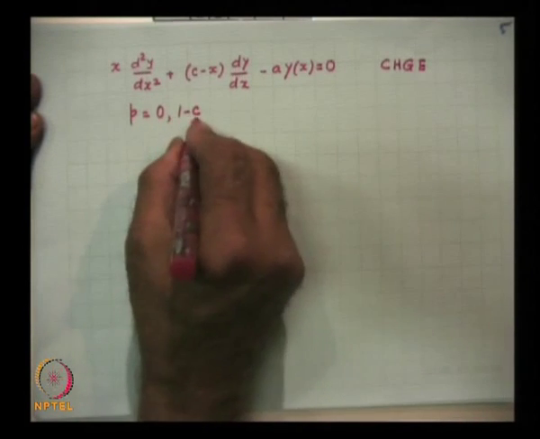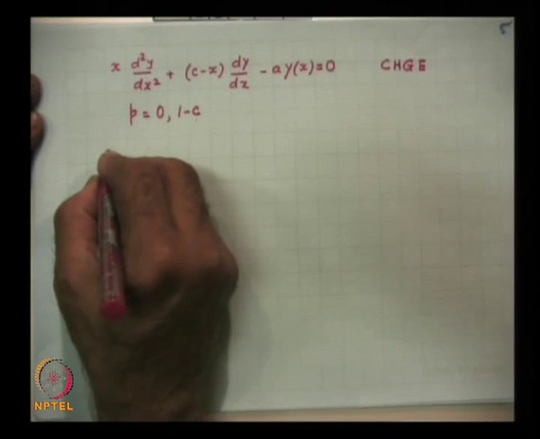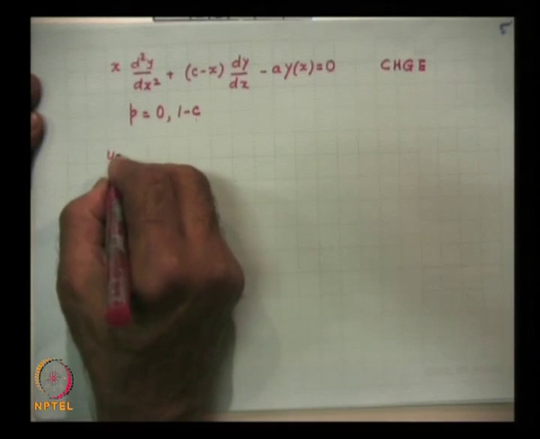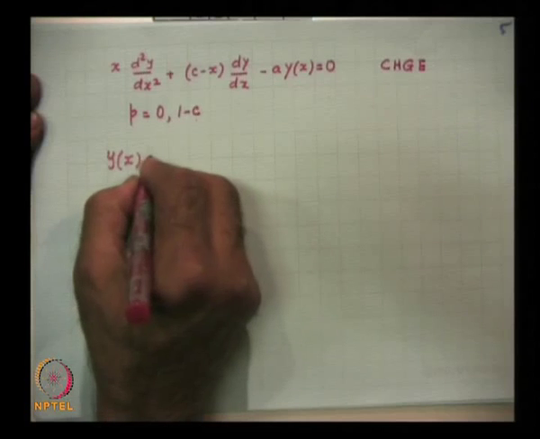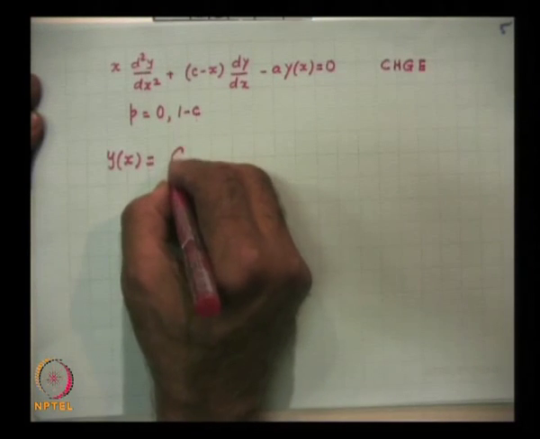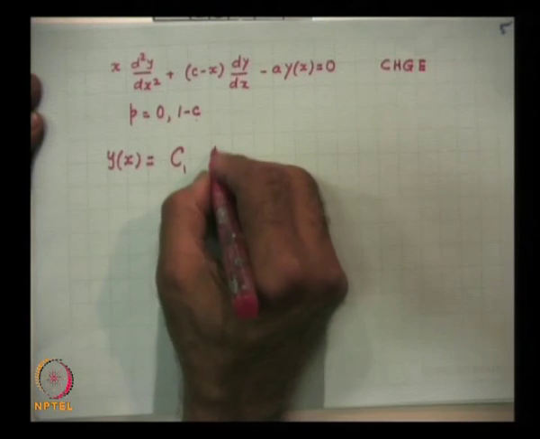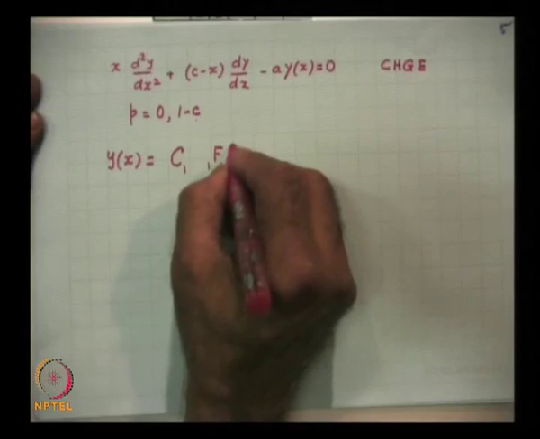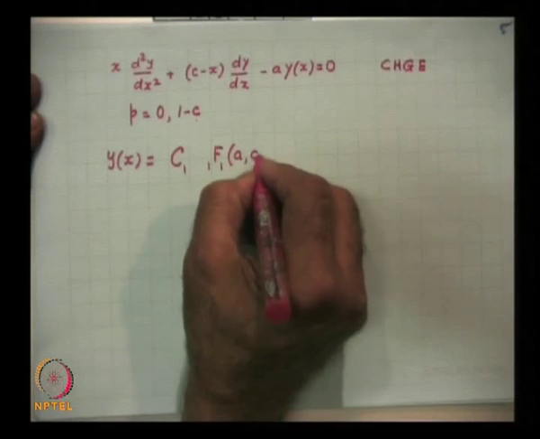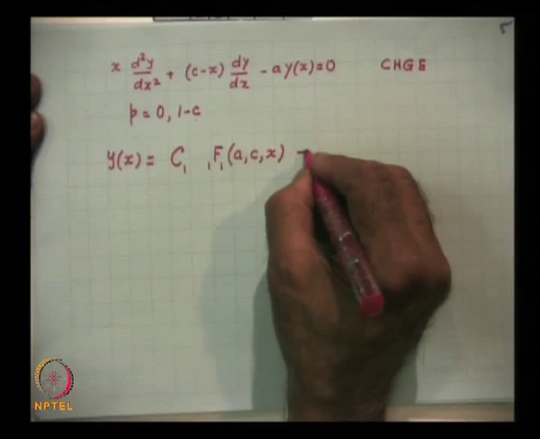These are the roots of the indicial equation, and the two solutions are, so the general solution of this equation is C1 x to the power of 0 f11 a comma c comma x plus C2.